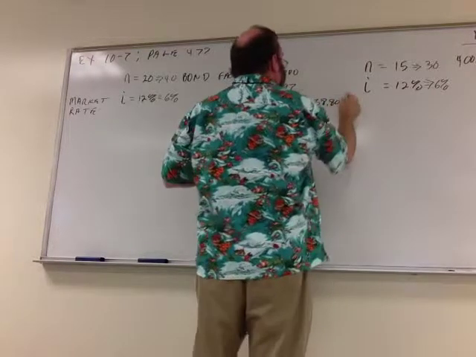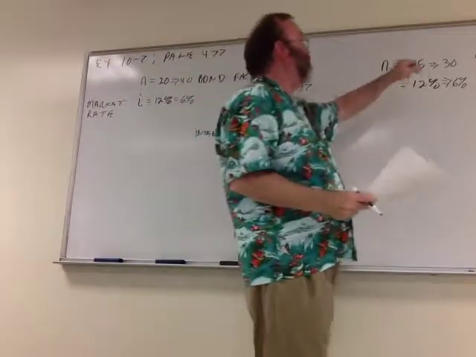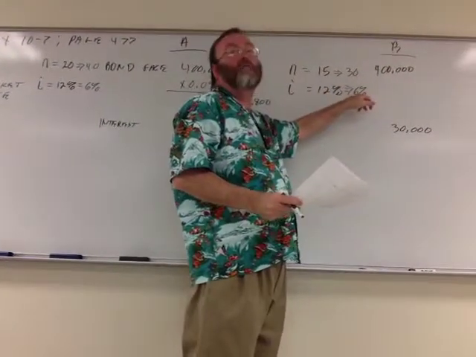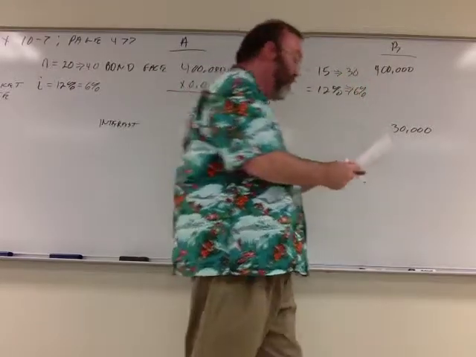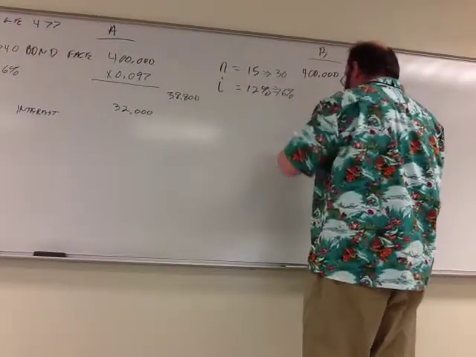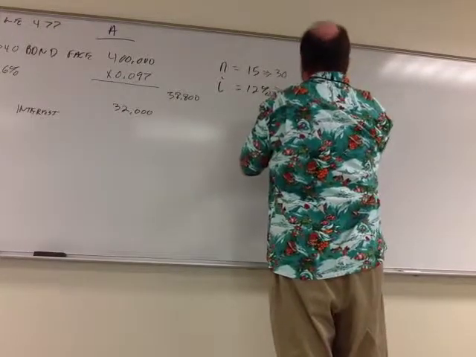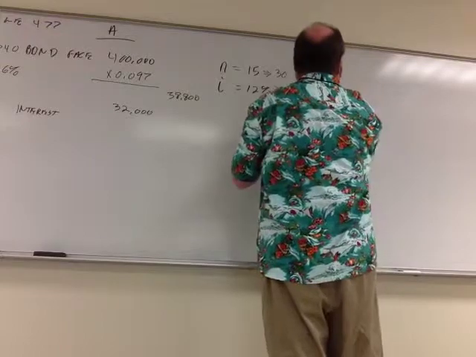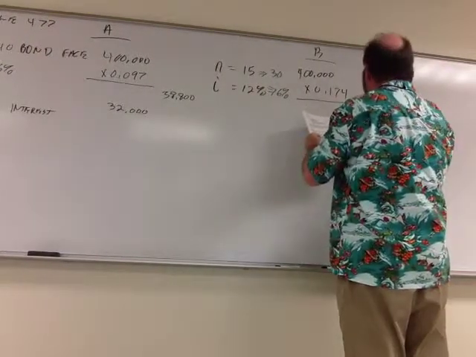$38,800. If we go to that same table in that same column, 6% column, and look at row 30 rather than row 40, we find a factor of 0.174, which is 69,600.